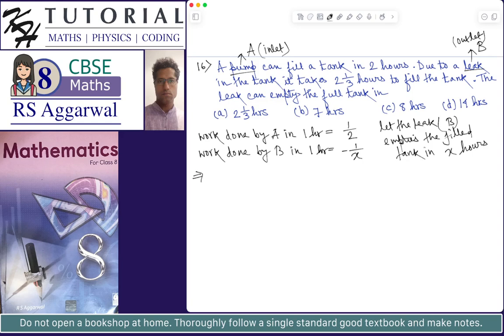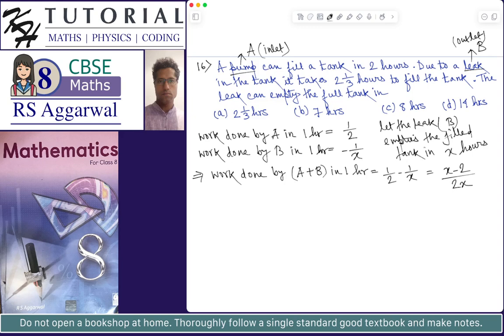Now this implies the work done by A plus B, that is the pump and the leak in the tank, in 1 hour will be equal to half minus 1 by x. This is equal to (x minus 2) divided by 2x.